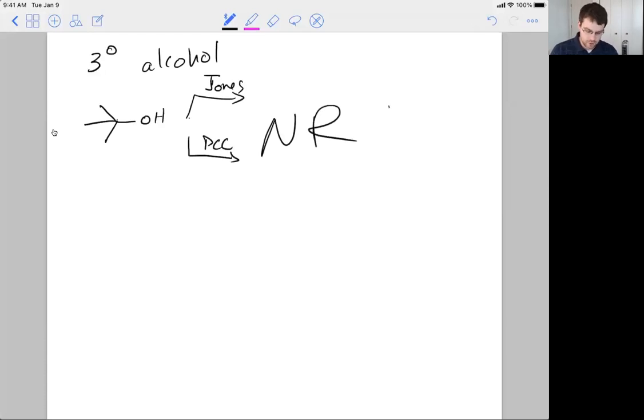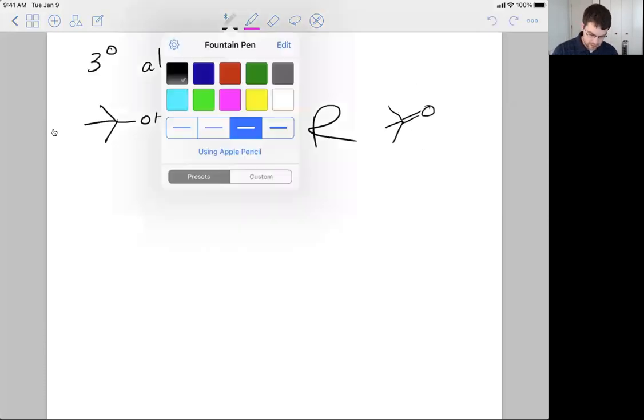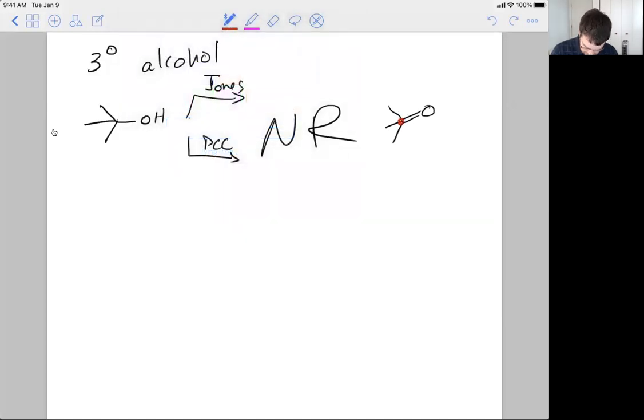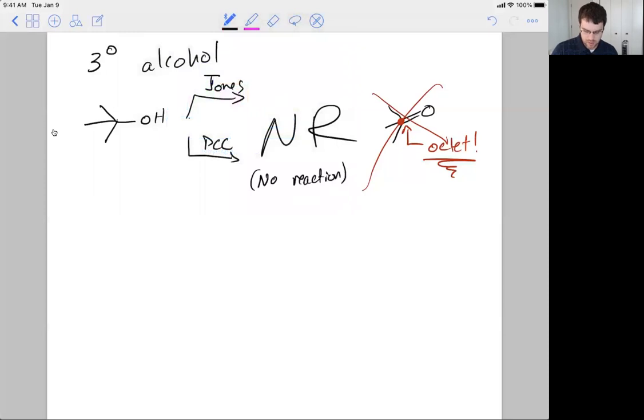You cannot oxidize a tertiary alcohol because you would break the octet at the carbon atom that gets oxidized. And as a result, I'll stick with red, there's no reaction. So NR stands for no reaction.